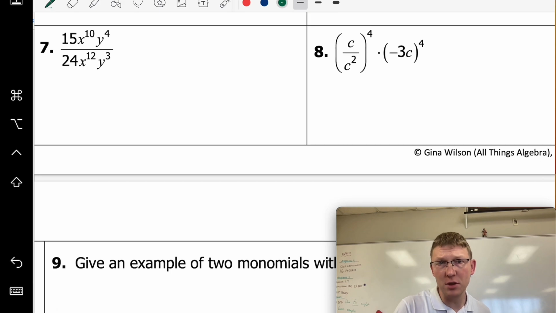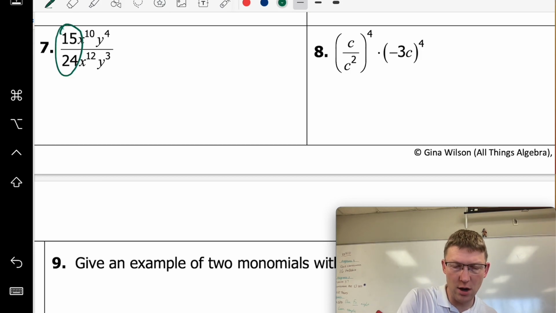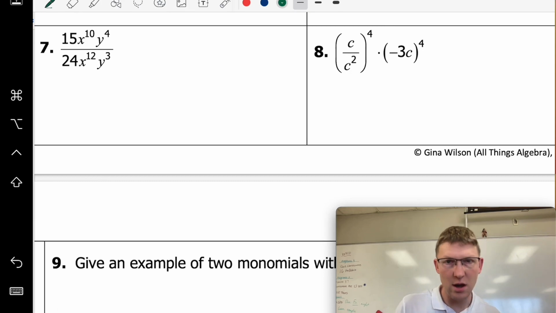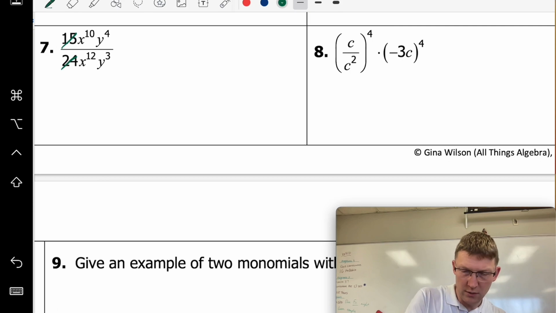Number 7 looks kind of scary, but it's not terrible, once you get used to those patterns. We're going to start with our numbers first. It doesn't divide evenly, but we can at least take a 3 out, so we can reduce this fraction. Then we're going to have 5 over 8.